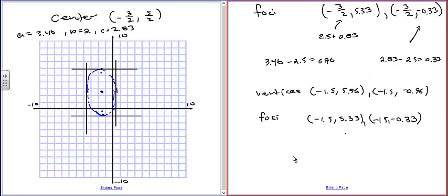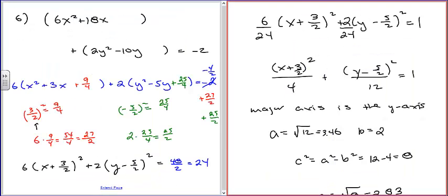And the eccentricity is C over A. So C is 2.83, A is 3.46. So I get 0.818. Okay, so that's that one.